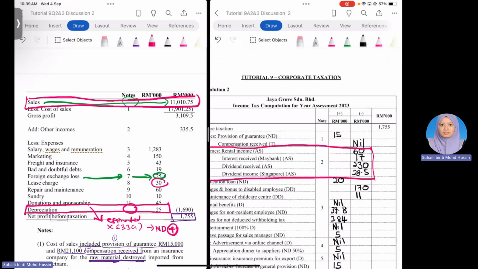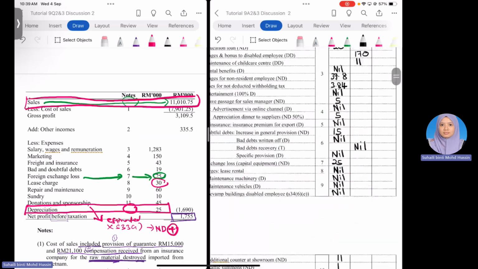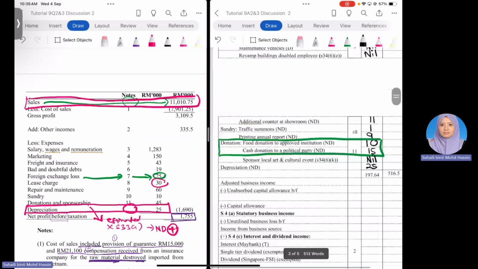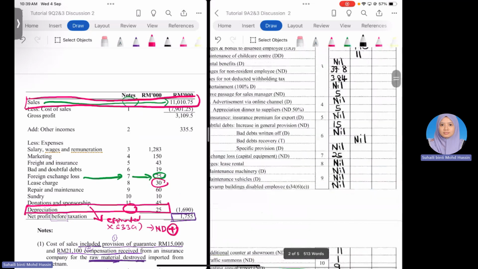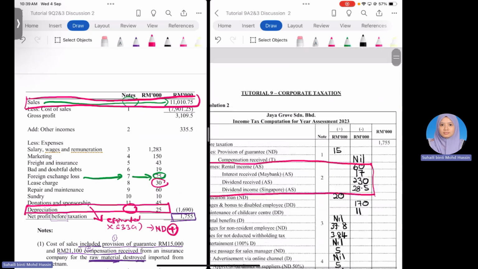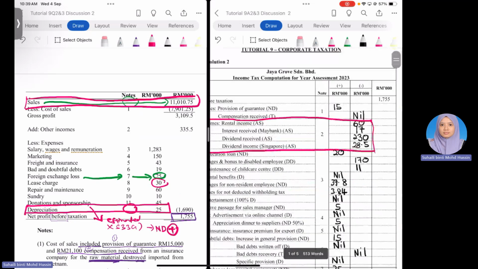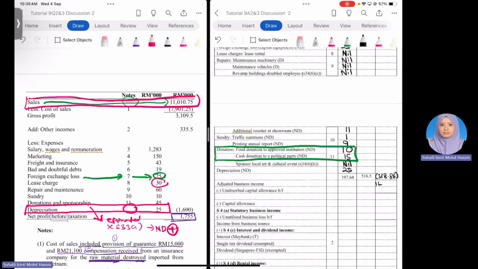So the last column, compared with the minus column just now, you get negative 318,86,000 ringgit, added back with the net profit before taxation, 1755. So you get the adjusted business income amount, 1,436,140,000 ringgit.